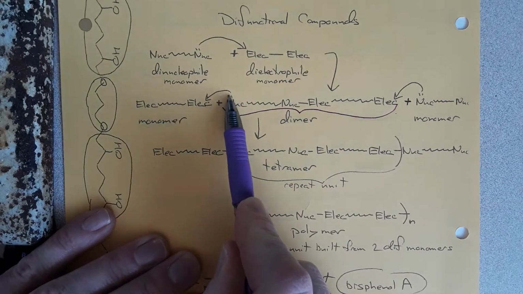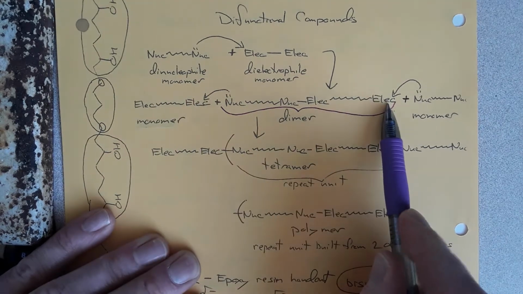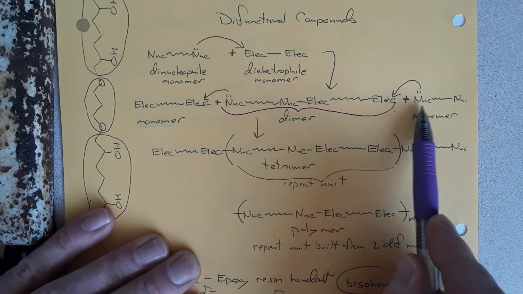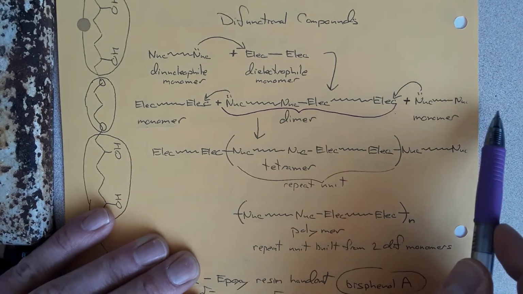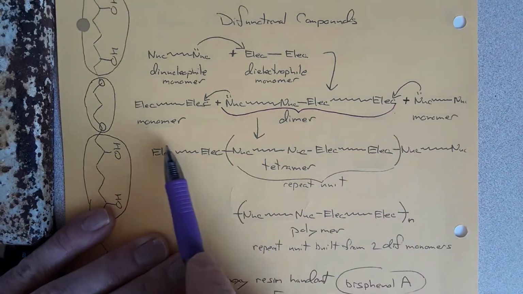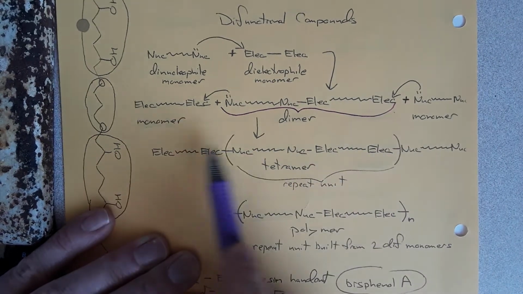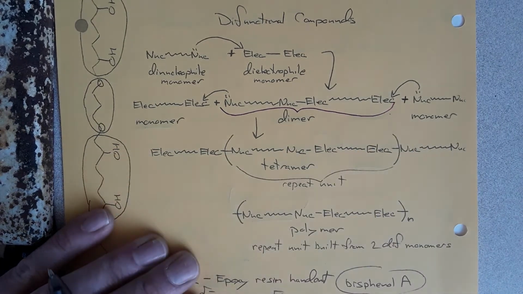And so the nucleophile can react with the electrophile of a neighboring dielectrophile, and the electrophile can react with the nucleophile of a neighboring dinucleophile. And so then we end up having this tetramer: dielectrophile, dinucleophile, dielectrophile, dinucleophile, all attached to each other.